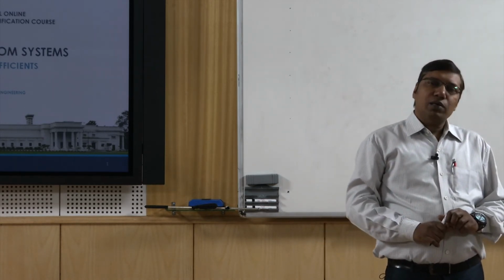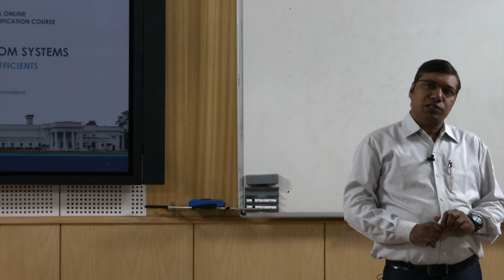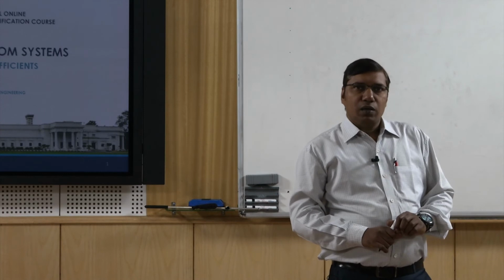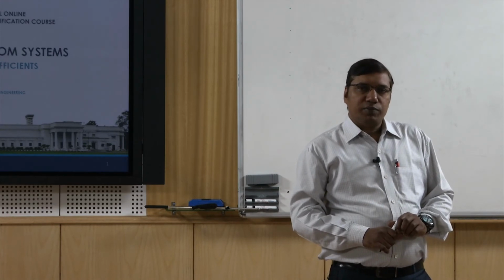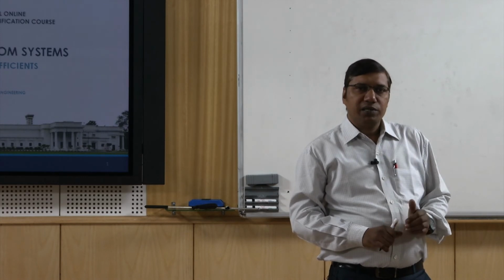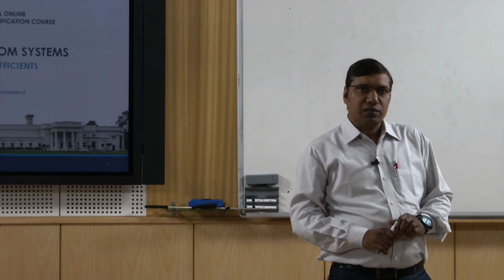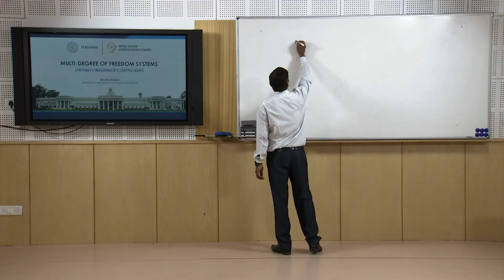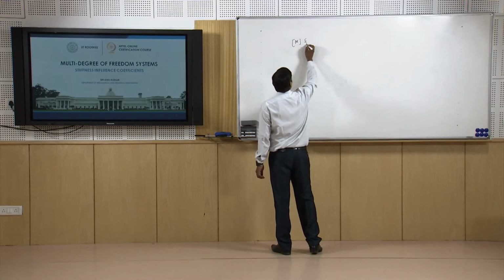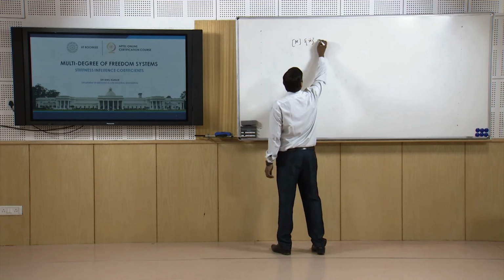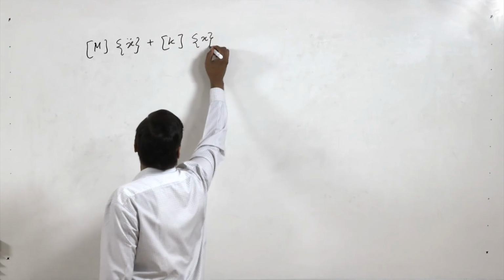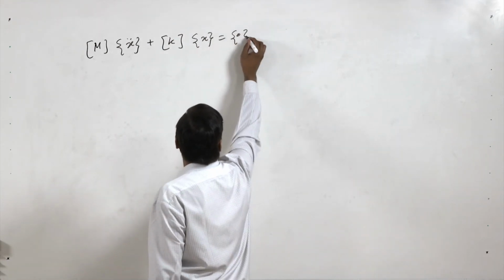As for the undamped system, we wrote the equations for the multi-degree of freedom system in terms of matrices. So it was m x double dot plus k x equal to 0.